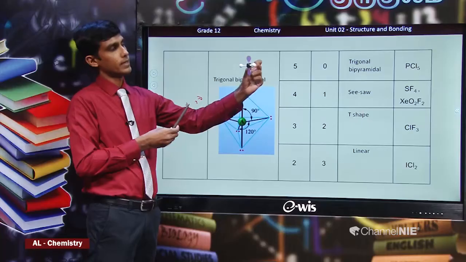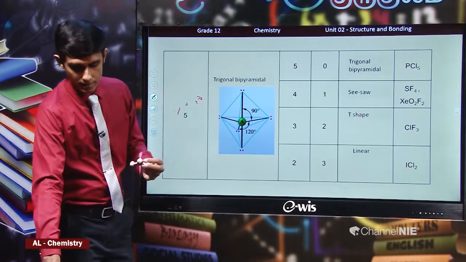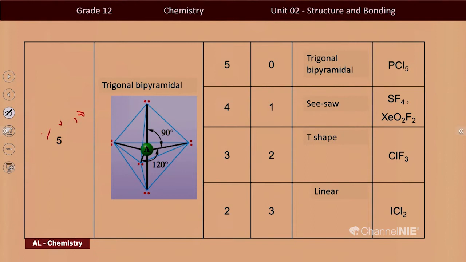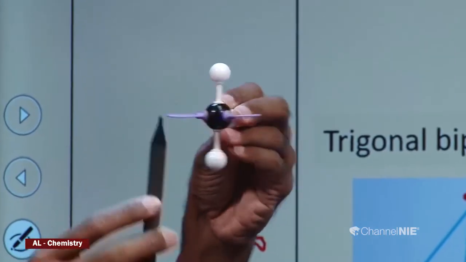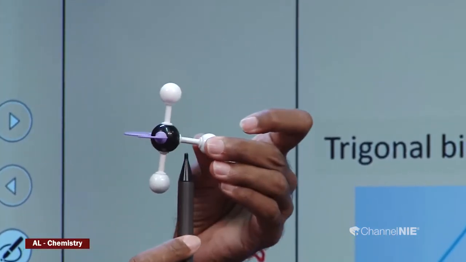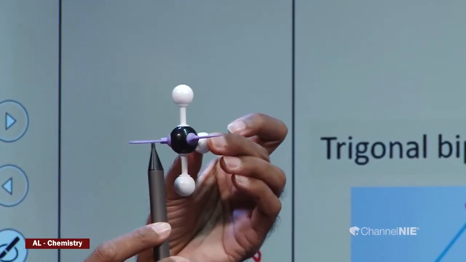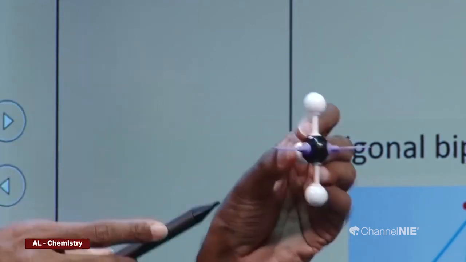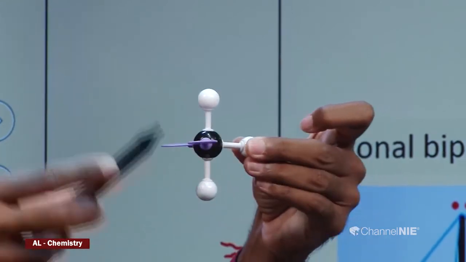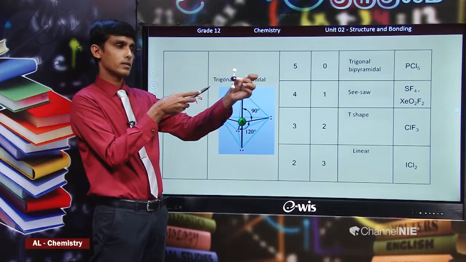The other option is these two lone pairs may exist in the trigonal plane, or the plane of this structure. Now in this case you can see the lone pair bond pair angles, there are two 120 angles and this angle also 120. So this geometry is more stable compared to the previous one.